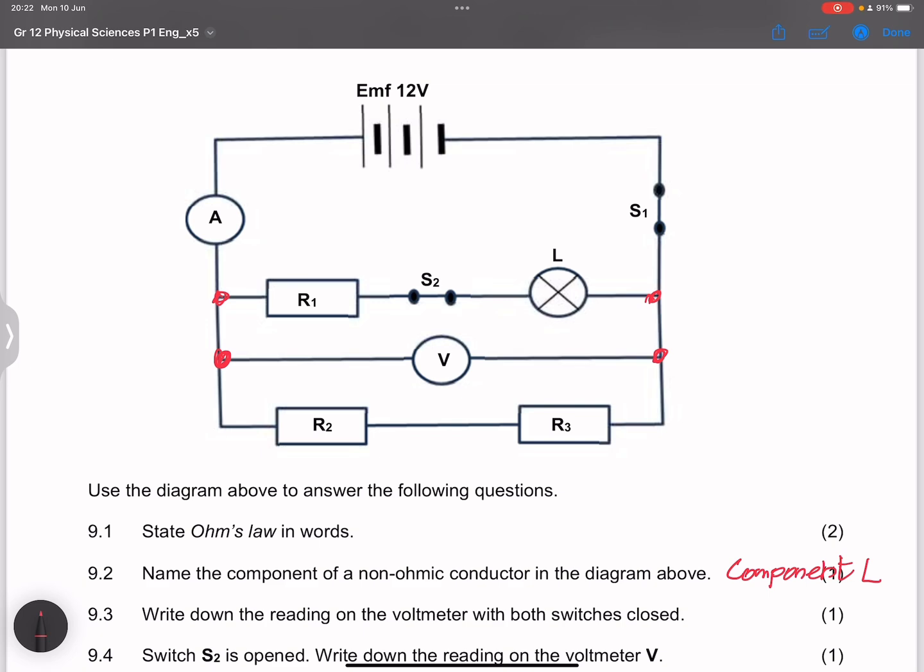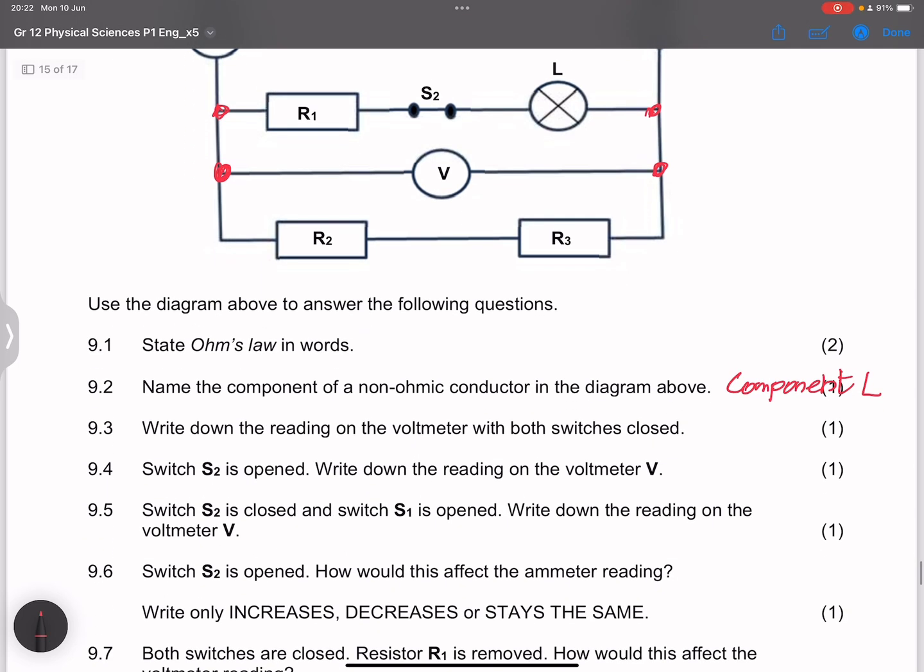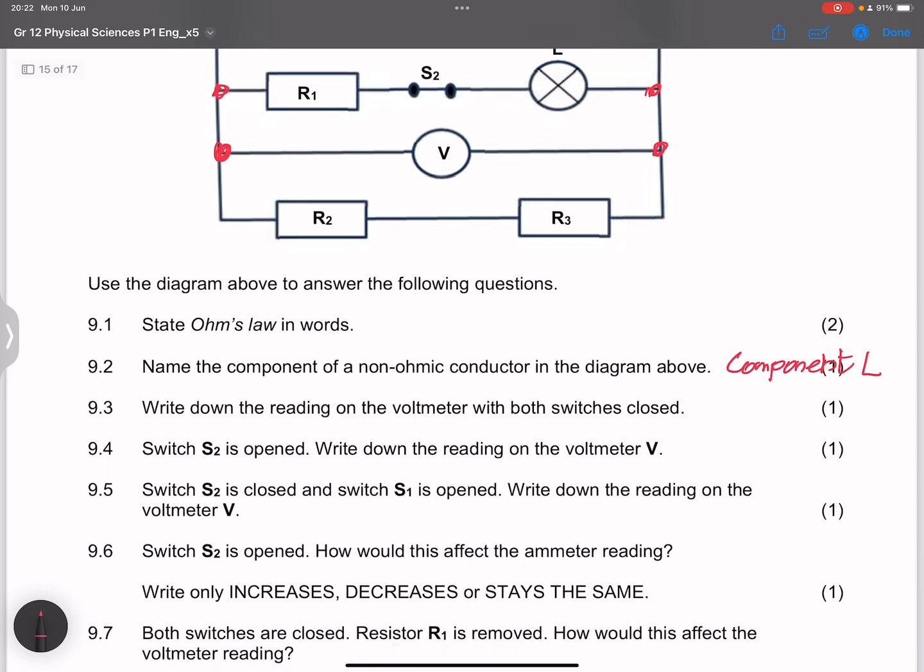So our voltmeter would have a reading of 12 volts, with both switches closed.